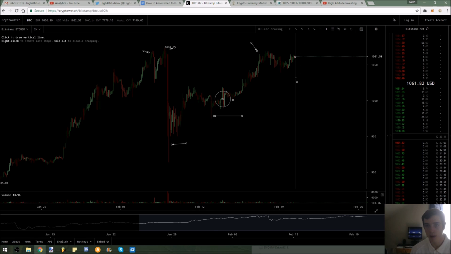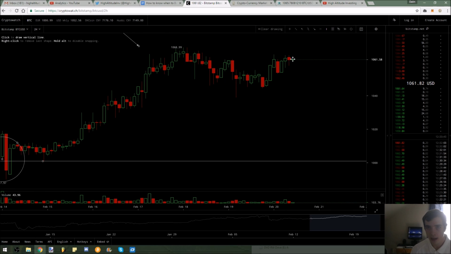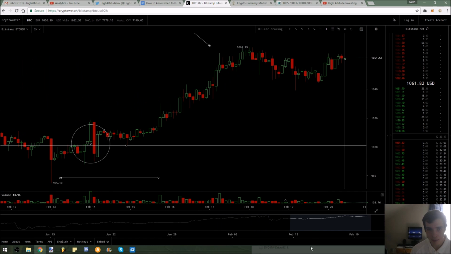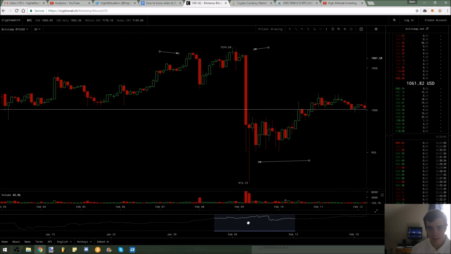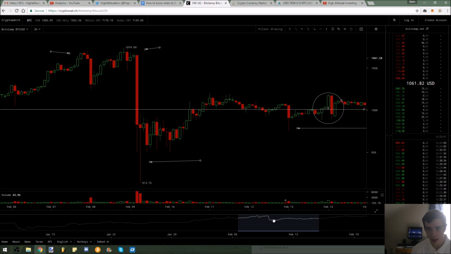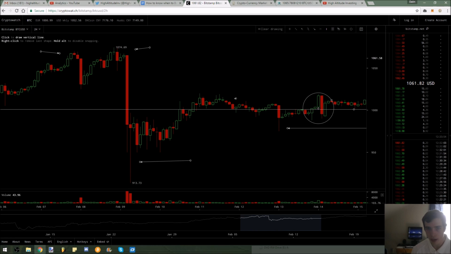What I'm doing is making a vertical line where we are right now, today, the 20th. And then I'm coming over and finding the date for 1 week back in time. So if I go a week back, it looks like we have February 13th right here.